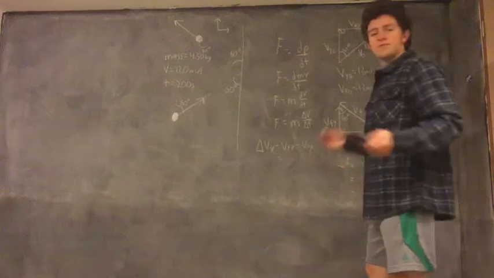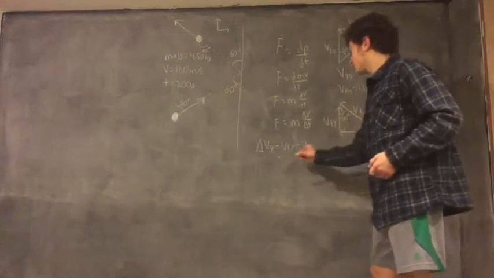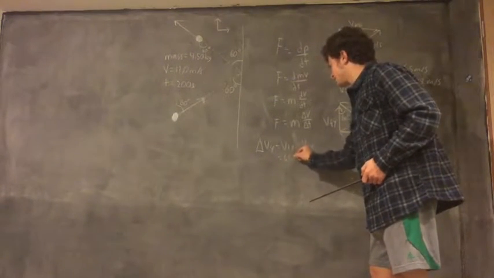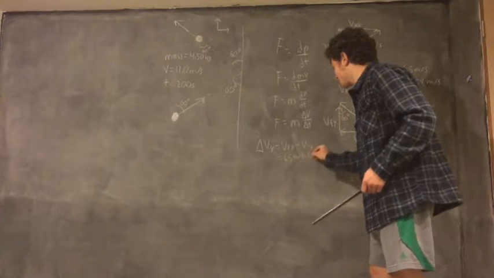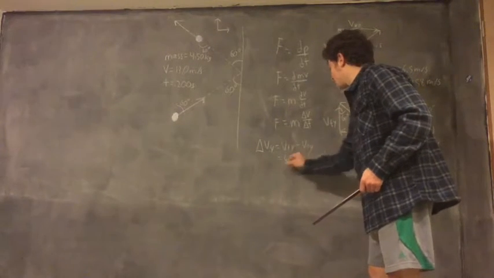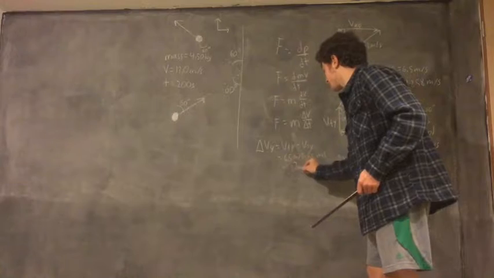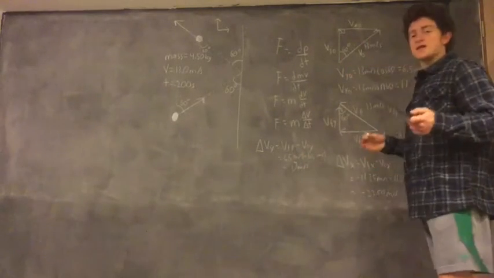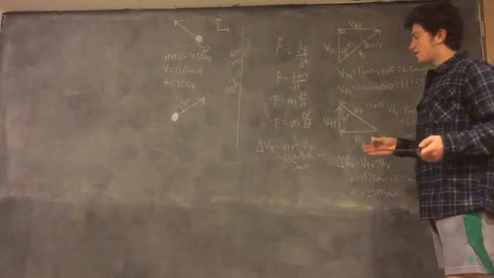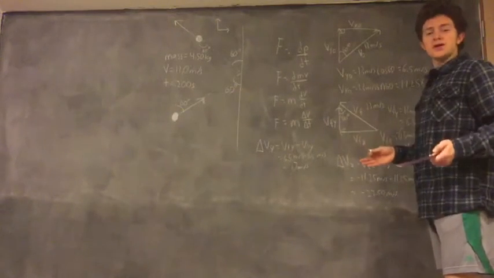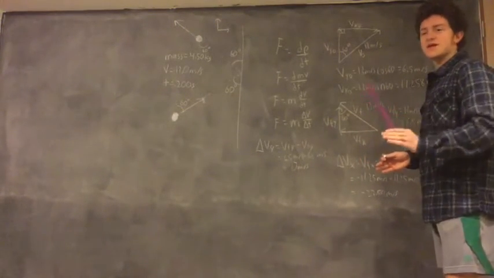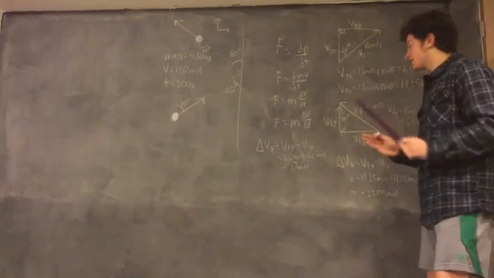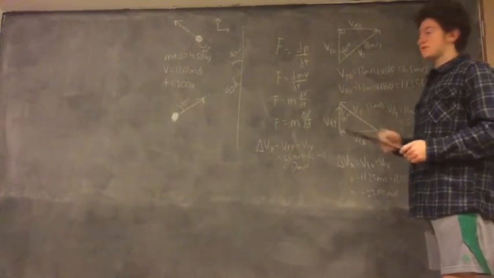Both values are 6.5 meters per second. So 6.5 meters per second minus 6.5 meters per second is equal to 0 meters per second. This means that during the collision, the ball experienced no change in vertical velocity. It was moving 6.5 meters per second vertically before the collision and 6.5 meters per second after the collision.